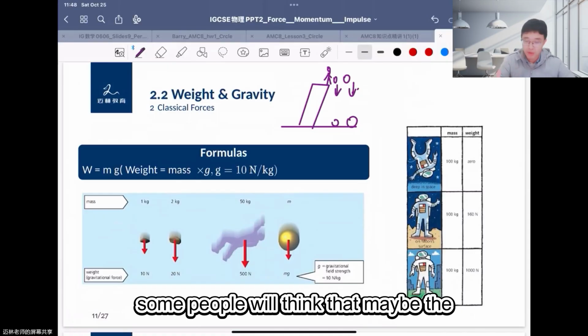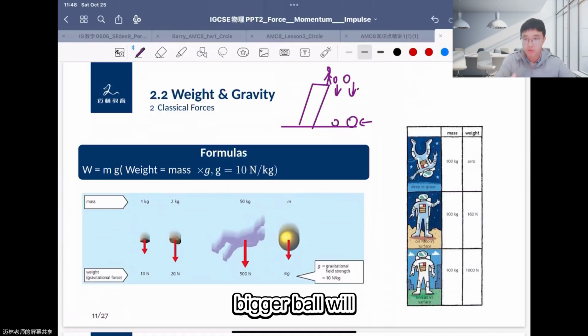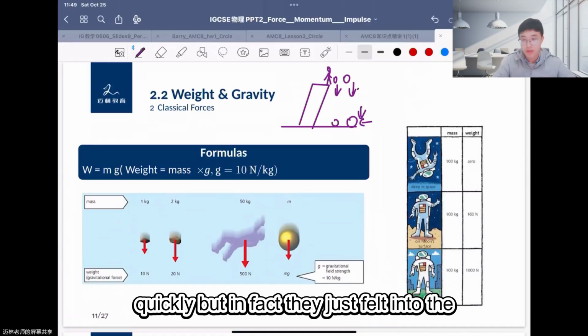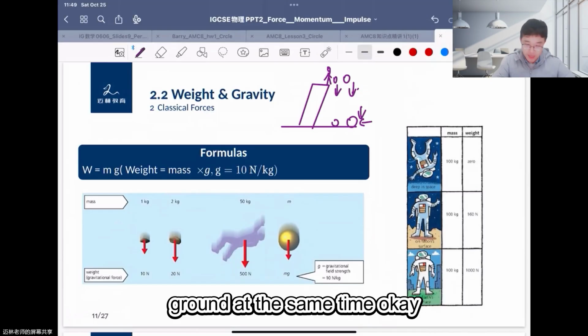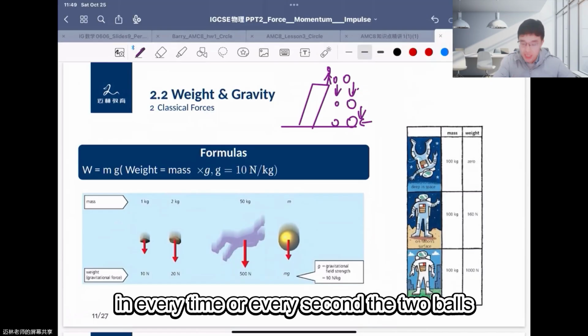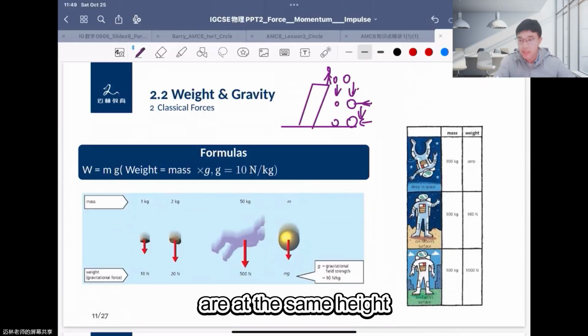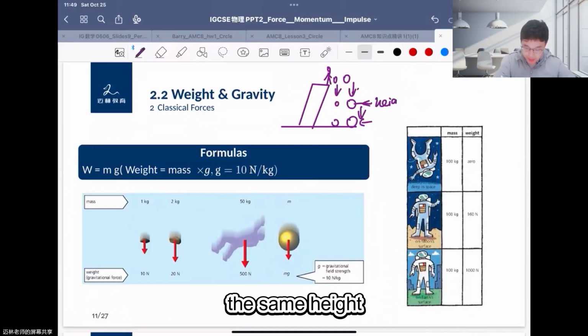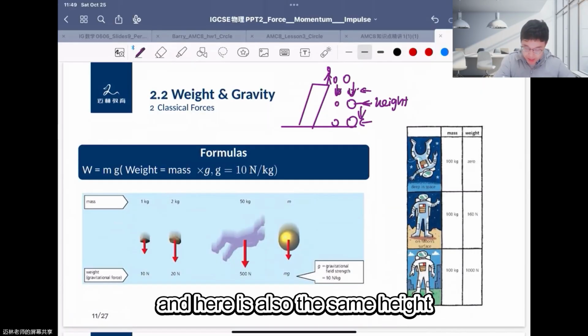Some people might have thought that the bigger ball would fall to the floor more quickly, but in fact they fell at the same time. So at every moment, the two balls are at the same height.